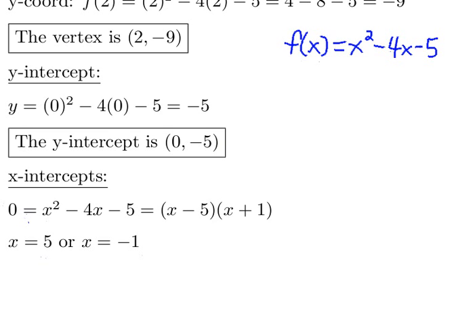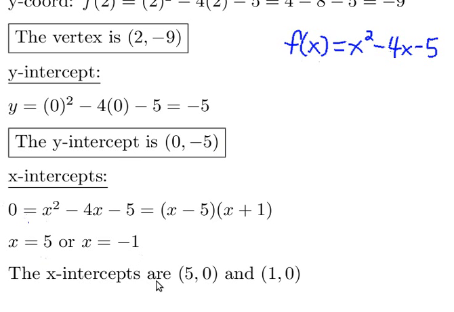So the x-intercepts are (5, 0) and (negative 1, 0). Where'd that negative go? Disappeared. (5, 0) and (negative 1, 0).